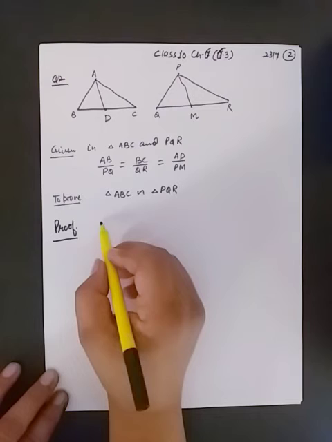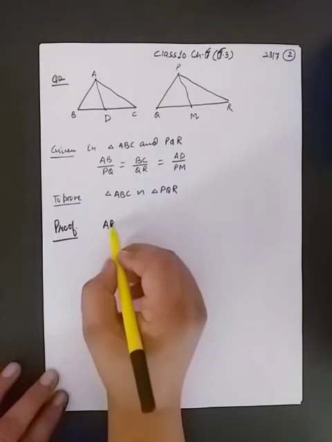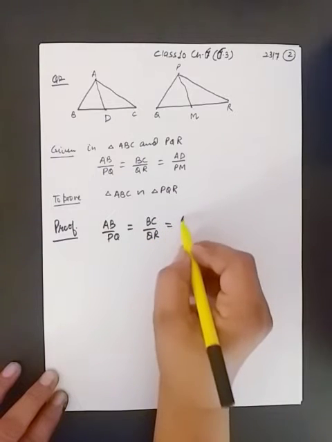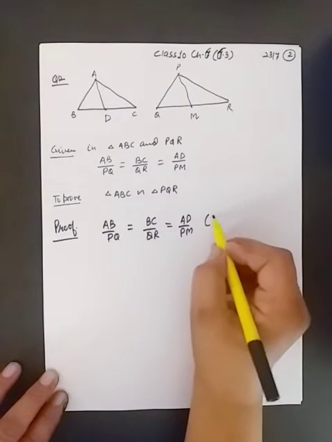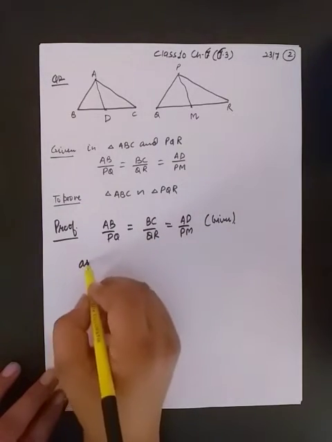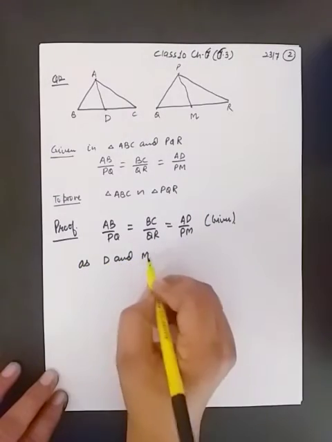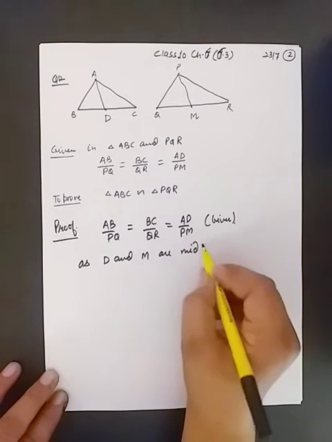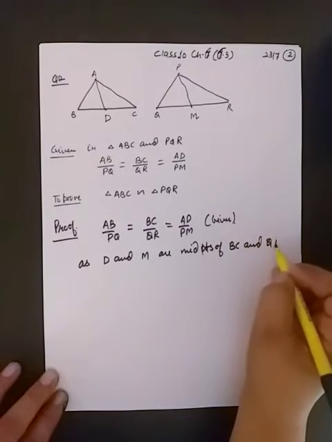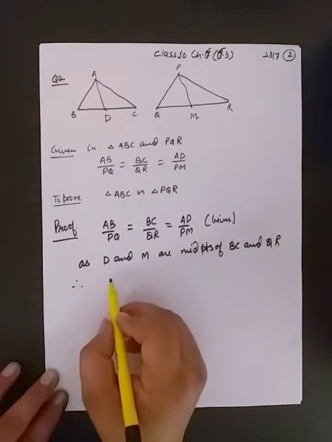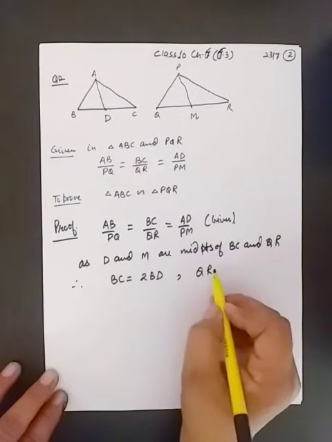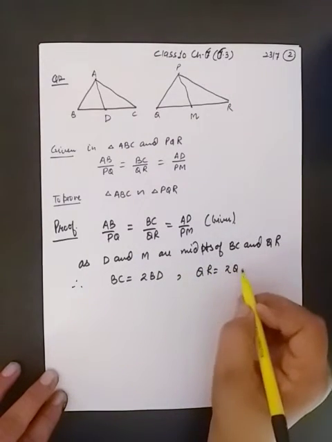Now what we have to do? AB by PQ is equal to BC by QR is equal to AD by PM. This is given. And as D and M are midpoints of BC and QR, therefore BC we can write as double of BD and QR is equal to double of QM.